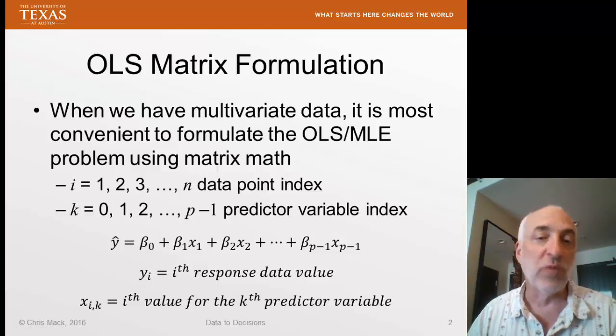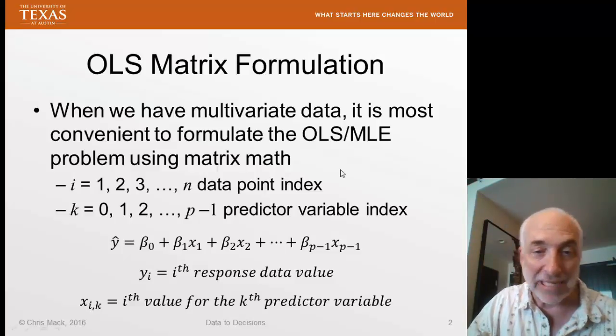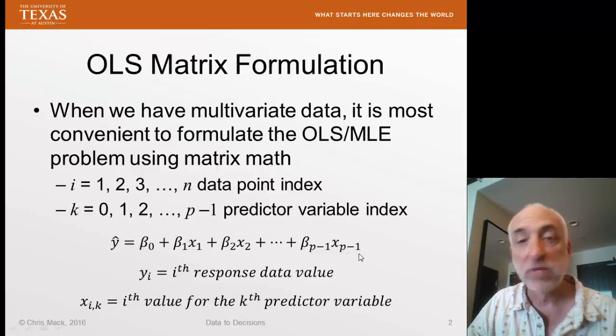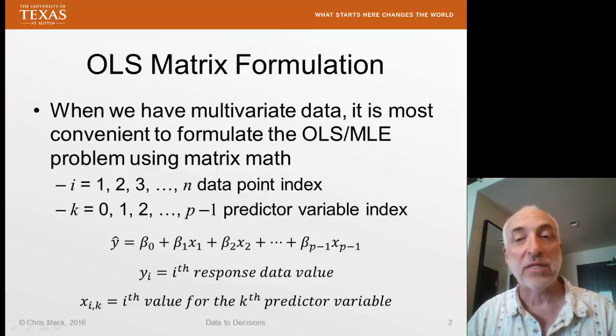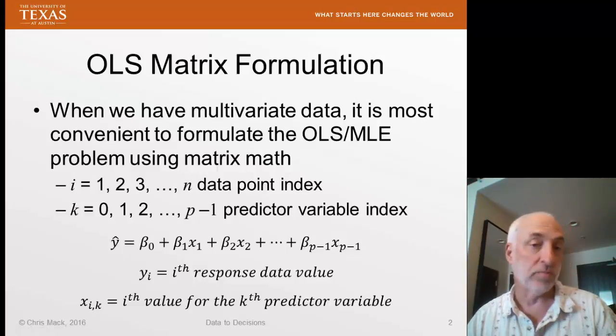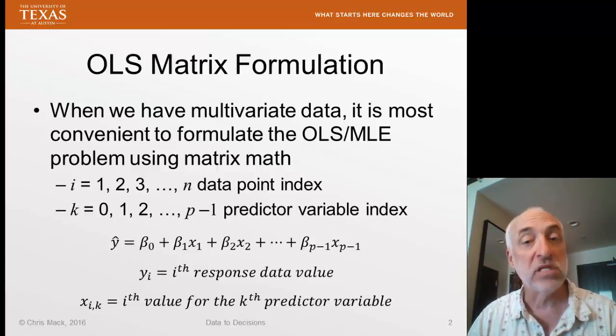We can number them 1, 2, 3 up to p, but because we like to use beta 0 for the intercept, beta 1 for the coefficient that multiplies x1, etc., you're going to have p minus 1 predictor variables who have p parameters. So we're going to set up our index, and I'll call it k, going from 0 to p minus 1.